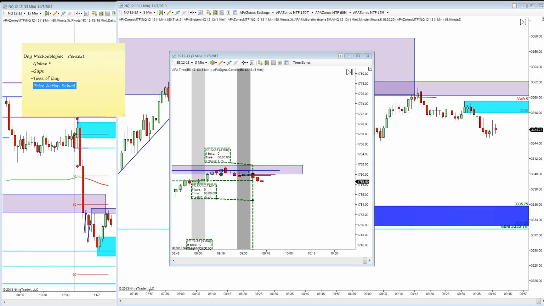Okay. And here's kind of the outline I have going into next Thursday's presentation. Next Thursday we're going to be looking at pullbacks and how to identify those really well, counter trend, and discussing the trend, because when are you really counter trending, or doing a counter trend trade, and when are you doing a trend follow trade?